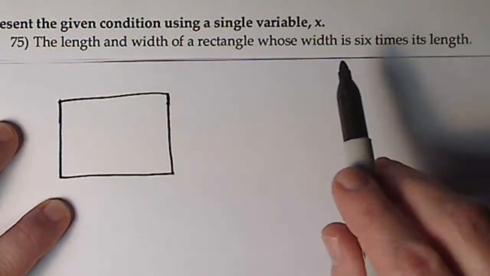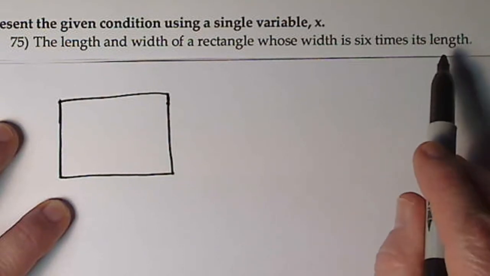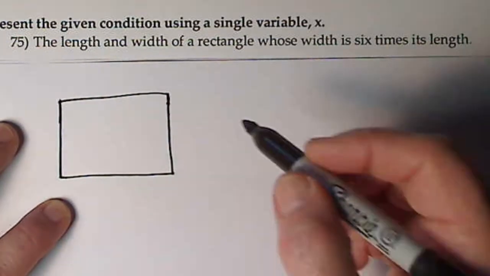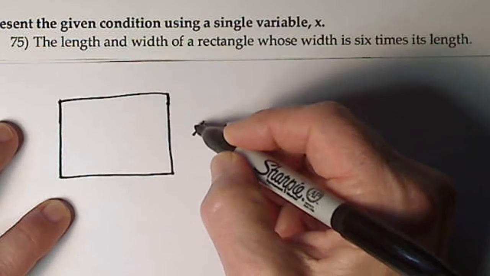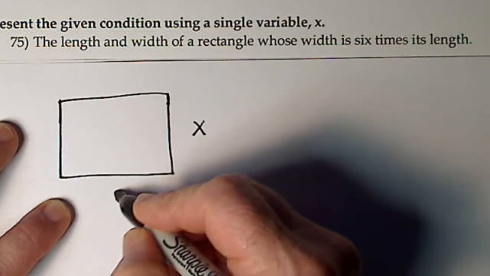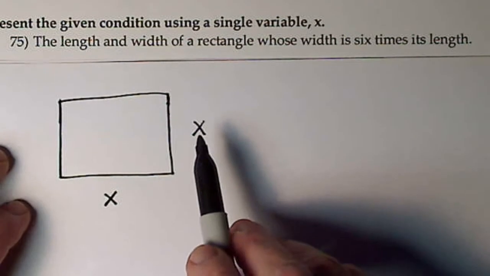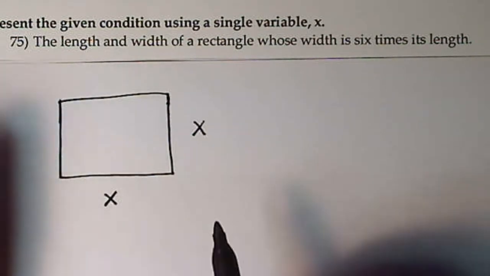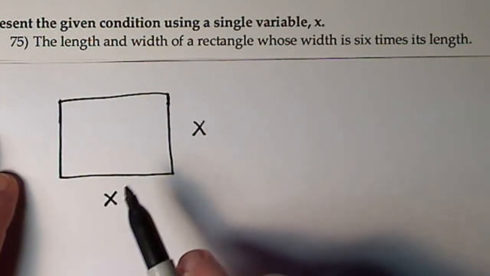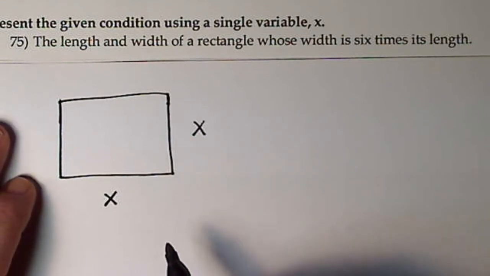So the width is described in terms of the length, so that indicates that each of these will be represented with the same variable. You would not use, say, a W and an L or something like that. You use the same variable for each one.